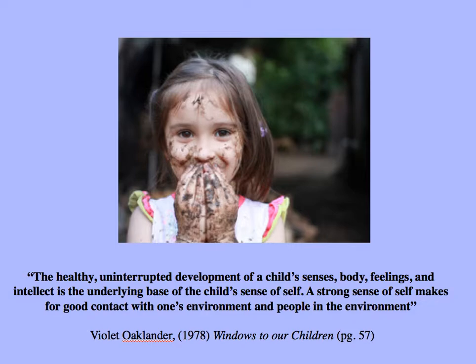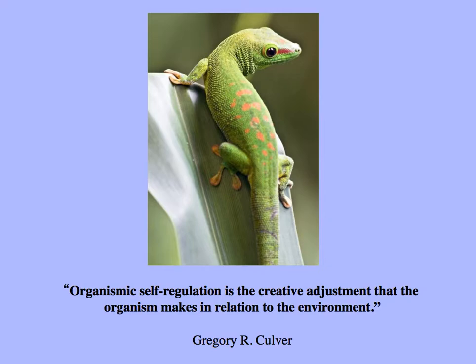I'm going to link these ideas to this bigger concept of regulation, which we know from the literature is becoming more and more an important understanding of what kids need in our work with them. So I want to describe this process of organismic self-regulation being the creative adjustment that the organism makes in relation to the environment.